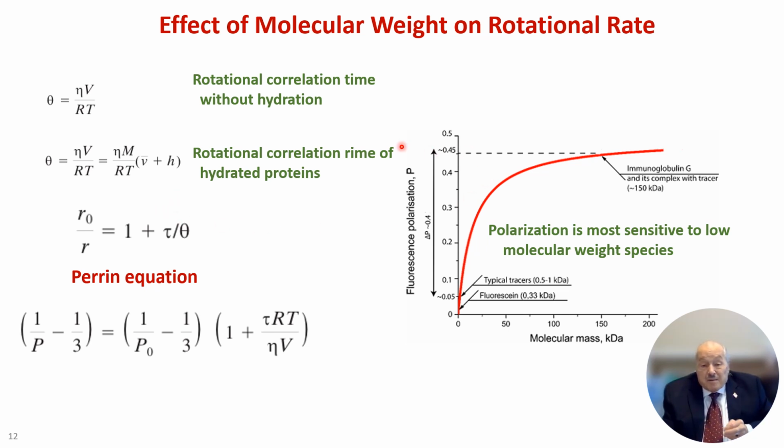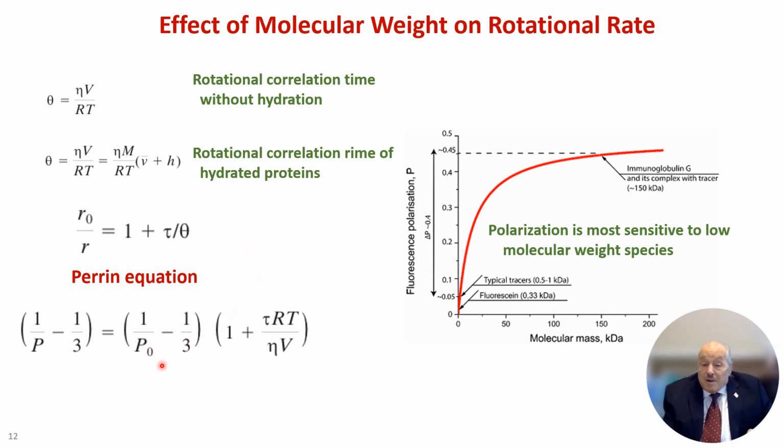You'll see in a minute they're always a little larger for a hydrated protein. This would be the simple expression for relating the fundamental anisotropy to the observed anisotropy to the lifetime and the rotational correlation time. So that's the nice expression that you get if you use anisotropy.